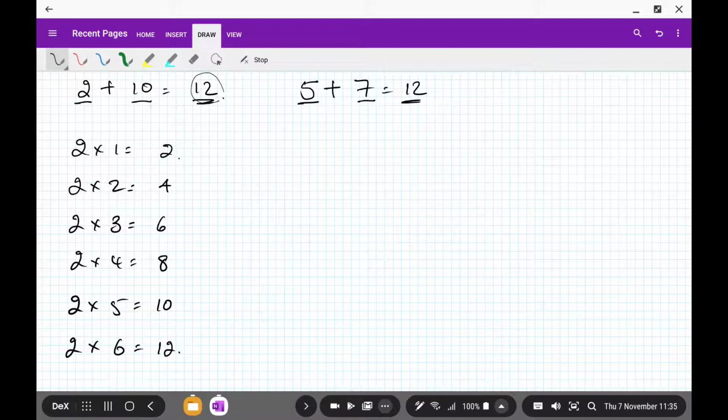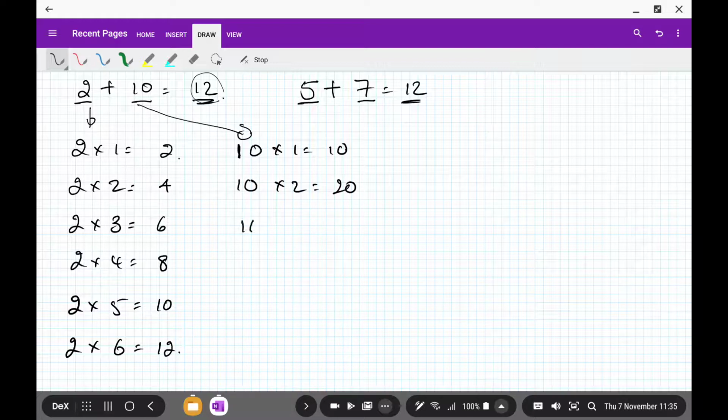And so I said, this is for 2s, and if you know your 10s, so 10 times 1 is 10, 10 times 2 is 20, 10 times 3 is 30, and 10 times 4 is 40, and 10 times 5, I'll leave this, and 10 times 6, I'll leave that as well.